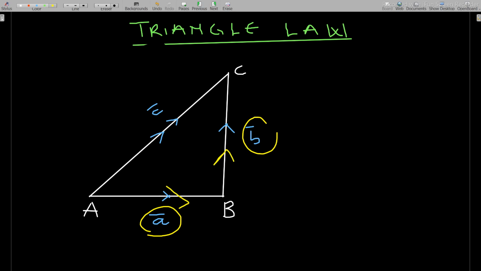They are supposed to move in order. With this, to find the resultant vector, it will be the third side of the triangle. If they are moving in that order, then the resultant or the final vector for this whole system will be the third side of the triangle, and that will be given by AC.